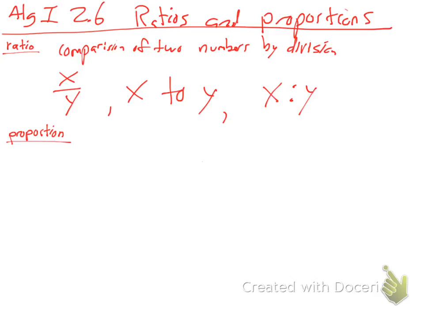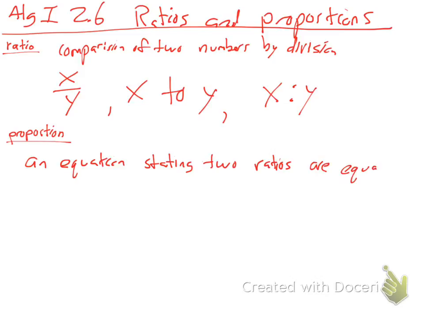Then we can move on to a proportion. A proportion is an equation that has two ratios, stating two ratios are equal. So now we basically take a ratio of 2 to 4.